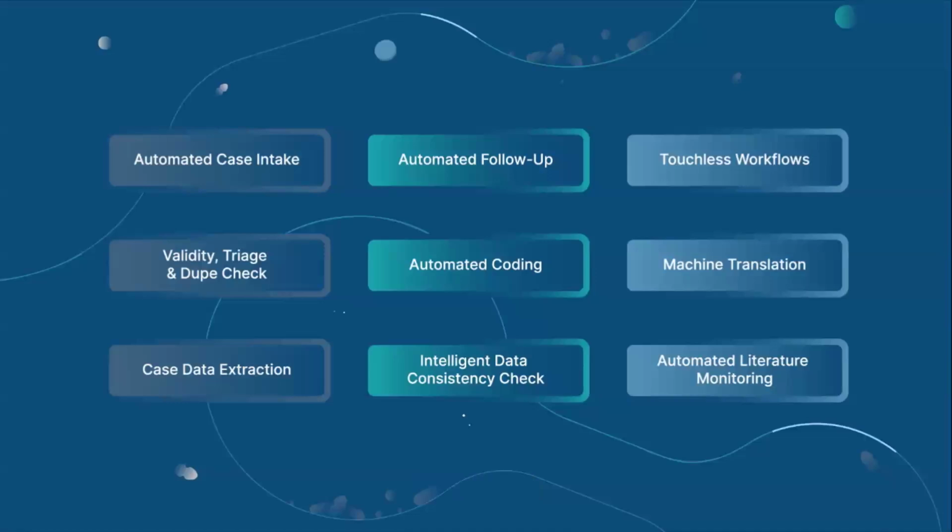And what are the other features of this ArisG database? Automated case intake. Yes, they have the functionality of automated case intake. If you have a source document in PDF format, you can upload it. There is an intake functionality where you can upload the document, and based on the NLP, natural language processing feature, the data is extracted, and based on the extracted data they will generate an intake ID.